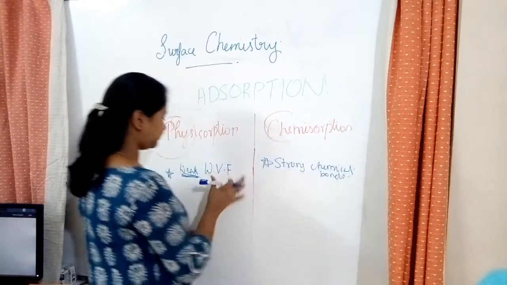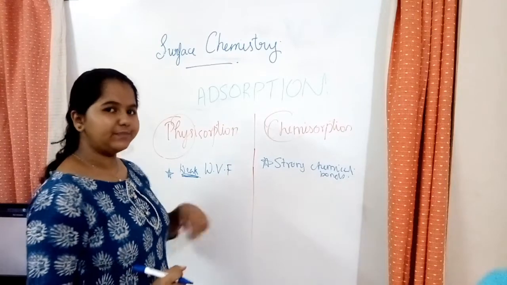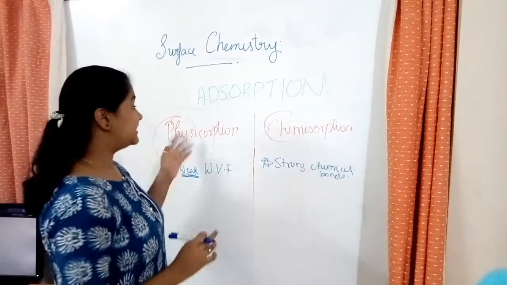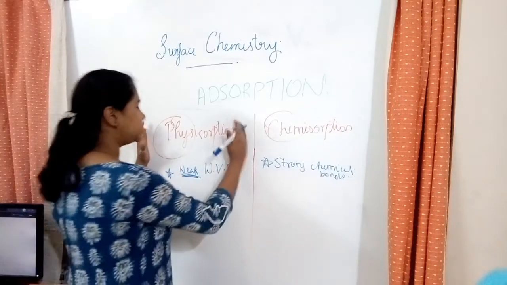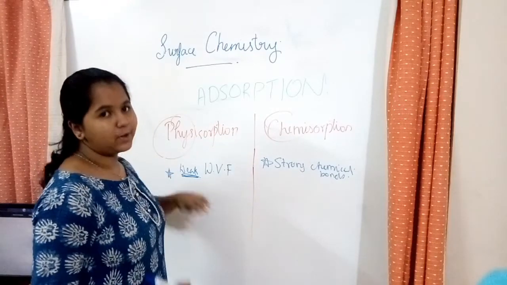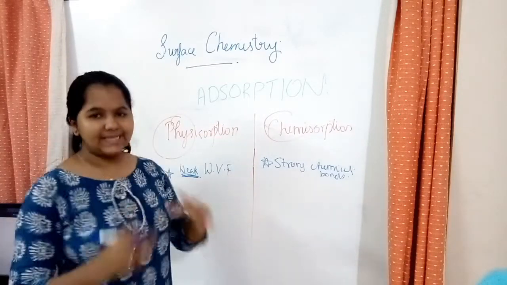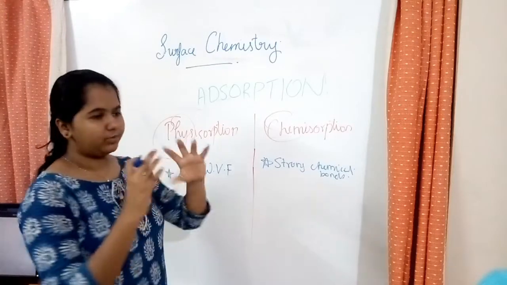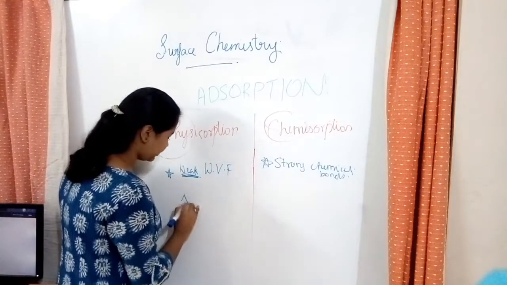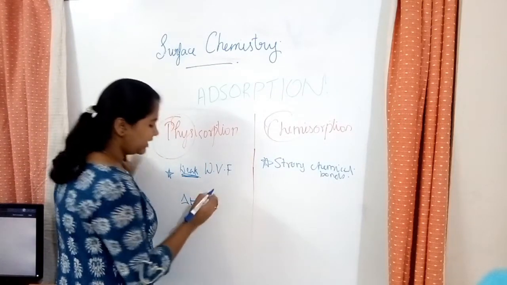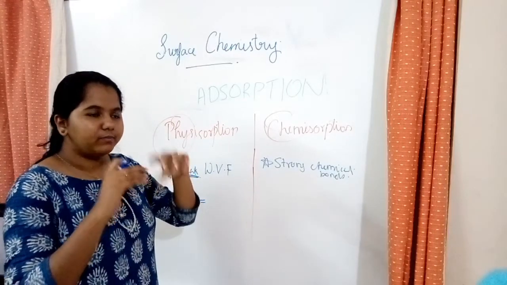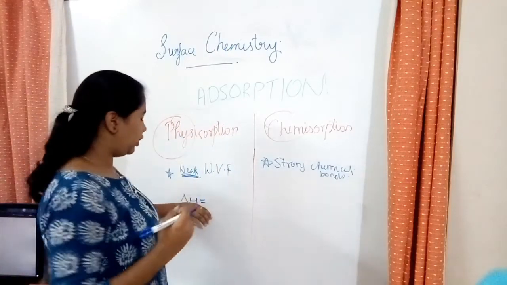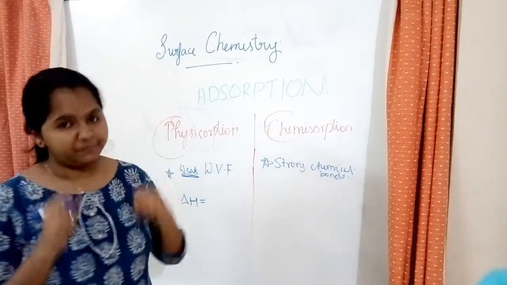The second point that we have to learn is the adsorption enthalpy. For physisorption they have weak intermolecular forces, so it's easier; the delta H, that is the enthalpy value, is lower. It can dissociate faster, so it can adsorb faster.